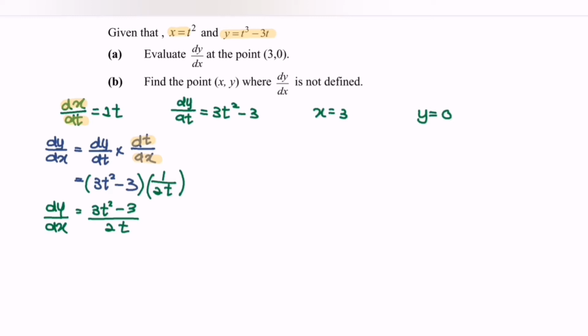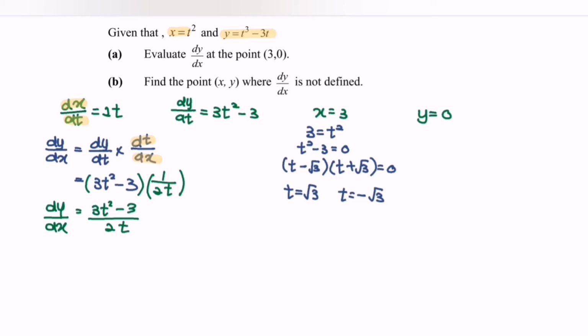So we have 3 equals t squared, so t squared minus 3 equals 0. Where we will have (t minus square root of 3)(t plus square root of 3) equals 0. So t equals square root of 3, or t equals negative square root of 3.